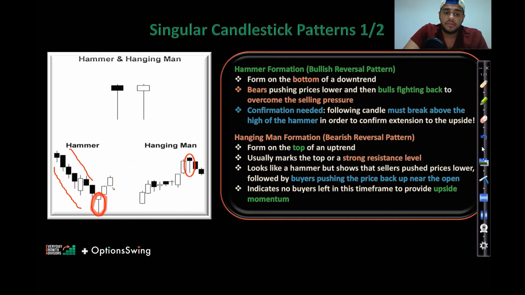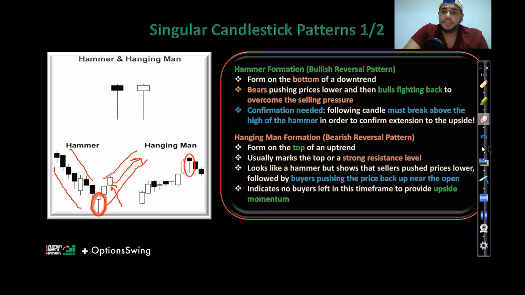And you would take the entry right there with this candle right here. Once you can get an entry, you can confirm that this would be reversing out into an uptrend. So when you see the hammer, now I'm not saying that it's 100% certainty, but these things have almost like a 60 to 70% success rate. I've definitely traded the hammer candlestick pattern numerous times and it's worked out.